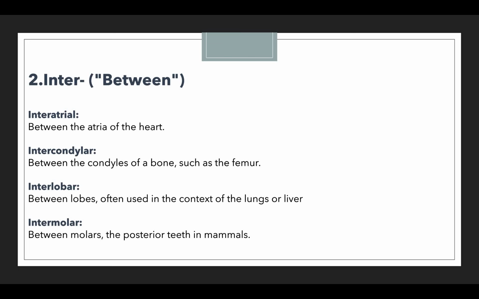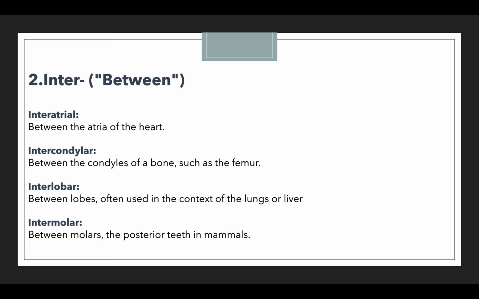After that we have another example, which is intercondylar. Intercondylar, which means between the condyles of a bone such as the femur. So here again we are using the prefix inter to showcase something as between.